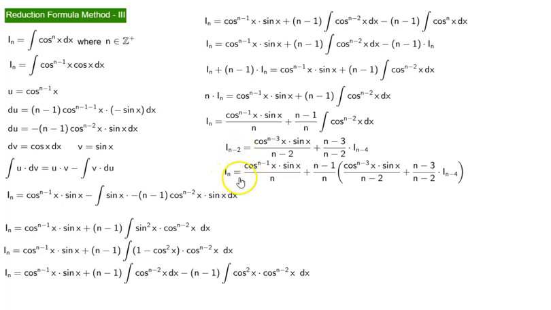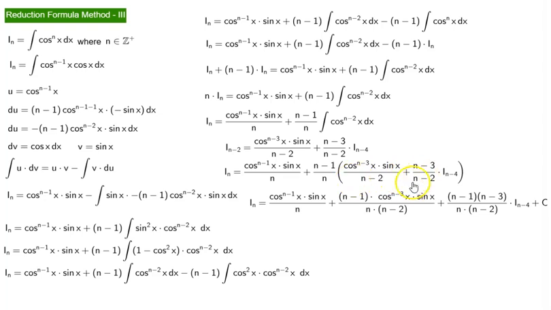We get I_n is equal to cos to the power of n minus 1 x times sin x by n plus n minus 1 by n times the integral of this is this. So cos to the power of n minus 3 x times sin x divided by n minus 2 plus n minus 3 by n minus 2 times I_(n-4).